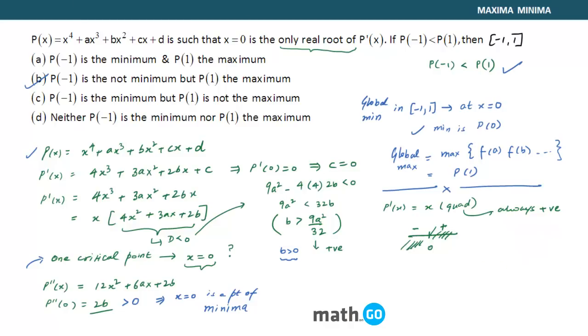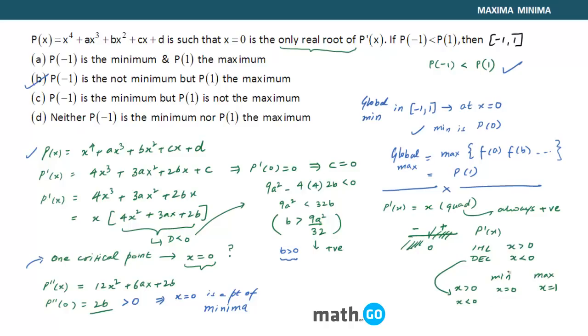Quickly, p dash x is increasing for x greater than 0 and decreasing for x less than 0. If I have to explain minimum and maximum, for x greater than 0, the minimum will be obtained at x equal to 0 and the maximum at x equal to 1. For x less than 0, since it is a decreasing graph, as the value of x increases, the value decreases, right?